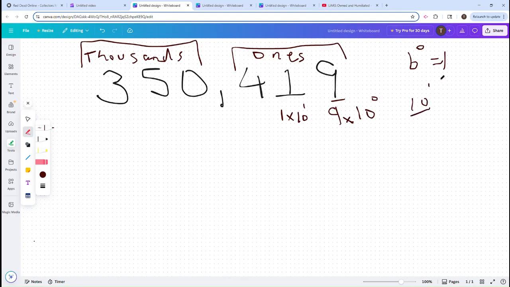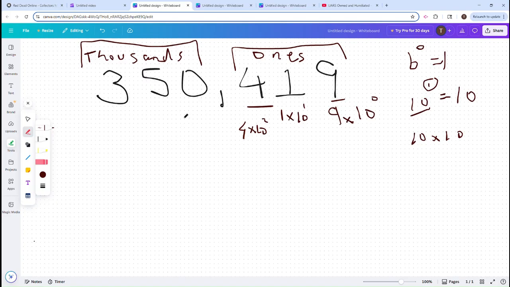Take this number, write it that many times. Well, that must be 10, right? We have 110. This 4 is 4 times 10 to the 2nd power. Again, take the number, write it 2 times, and multiply. 10 times 10 is 100, and we have 4 of those.